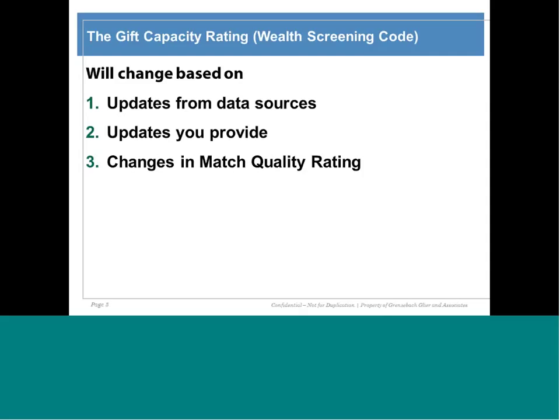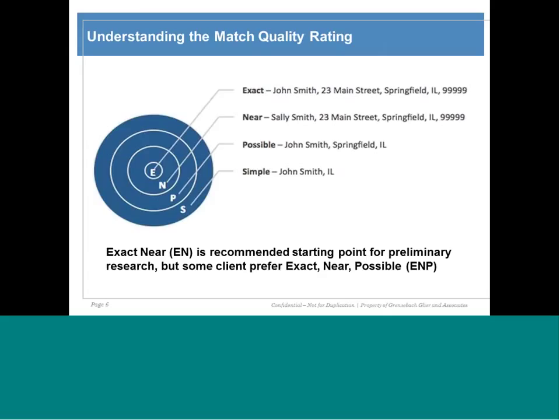And it will also change based on the match quality rating. Now, the match quality rating is a measure of how sure we are that the John Smith in your database is the same John Smith whose property record we have found.